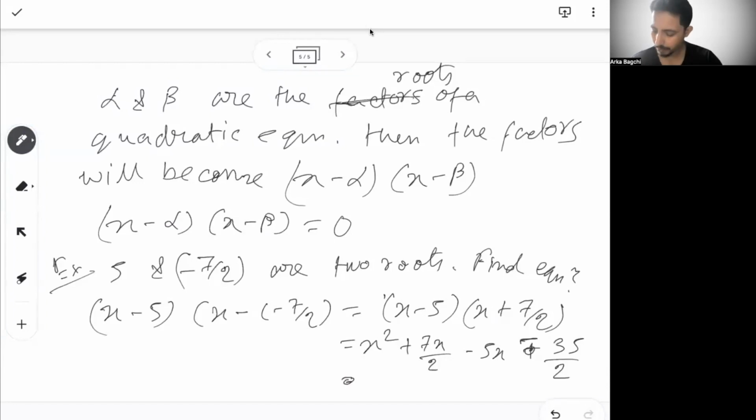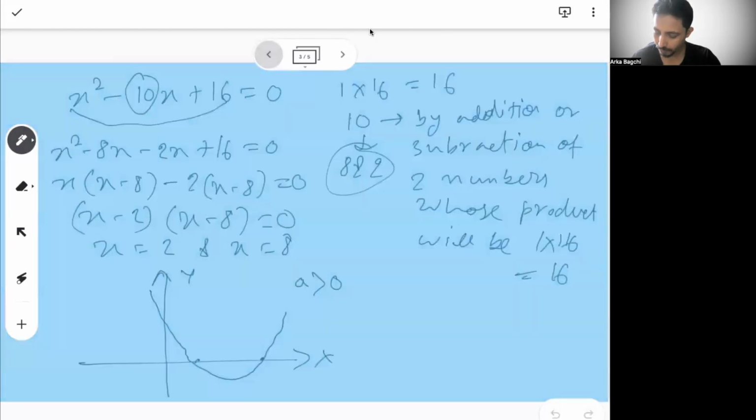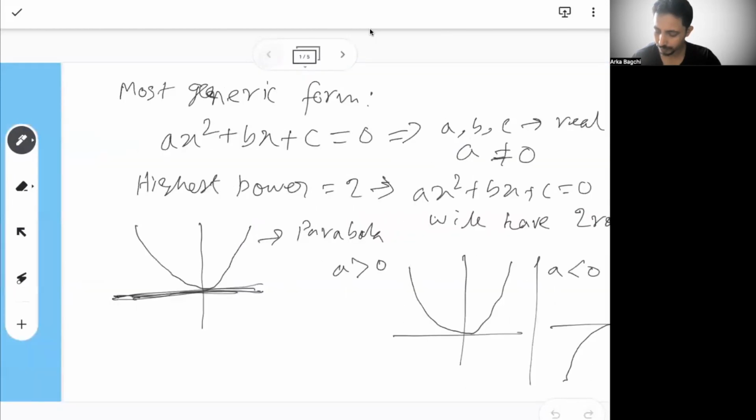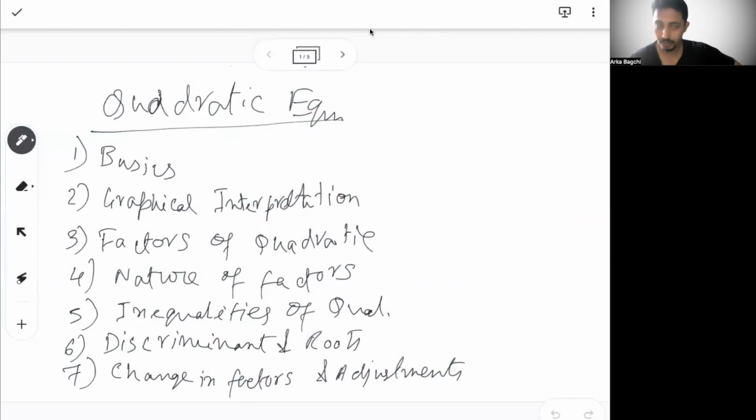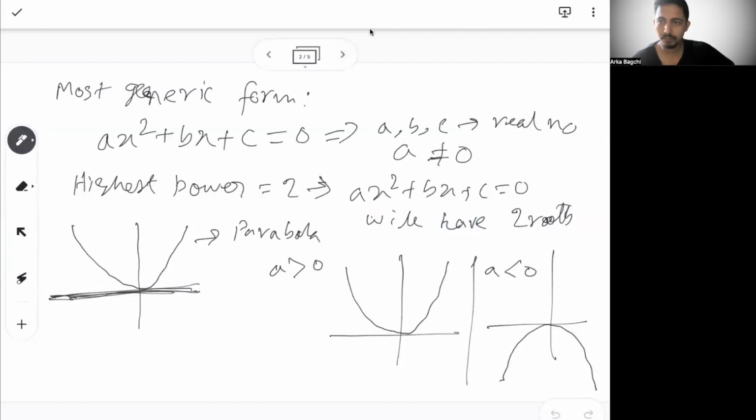Okay, so what we have covered till now, if we just do a recap. We understand the basics. We understand the basic graphical interpretation. We understand the factors, and the nature of factors we have not gone into yet, so we will go there. But let's see inequalities. In the first part we understood what a quadratic equation is and the fundamental condition of being a quadratic equation.